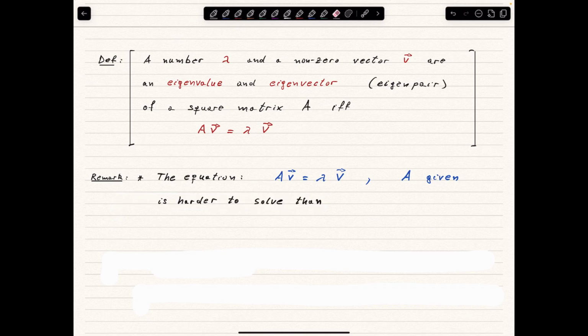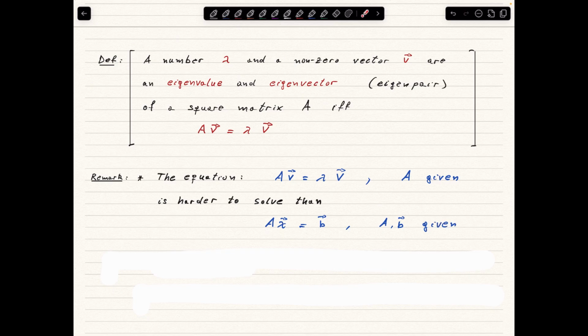This equation is a little bit harder to solve than an equation that looks the same but is not the same, the equation Ax equals b. In this equation, A, the matrix, and the vector b are given.